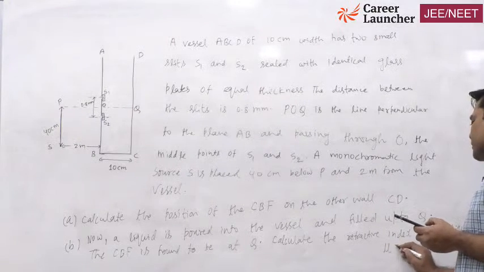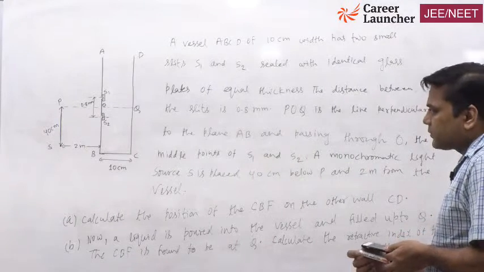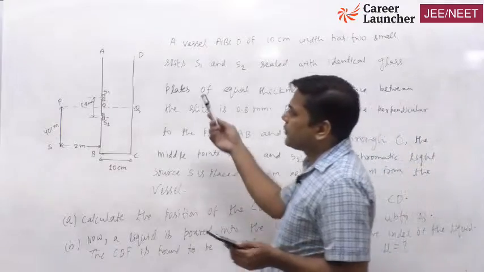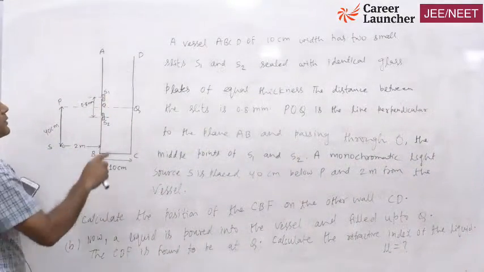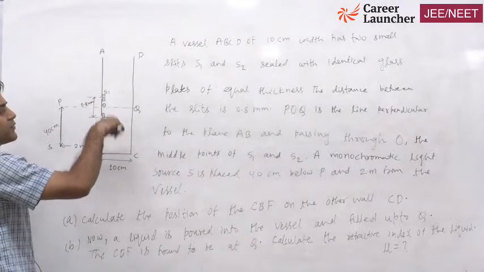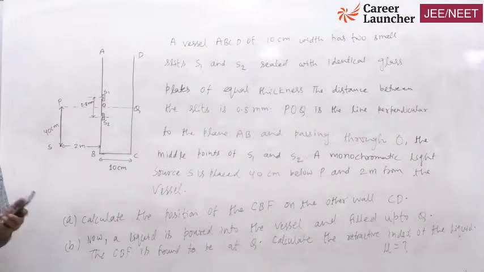That is mu, you have to find out. Okay. And how to find? Because it's given that once it is poured, water is poured up to the OQ level. Whatever the CBF was there is found to be at Q now. So it's a very conceptual question. You need to try this now.